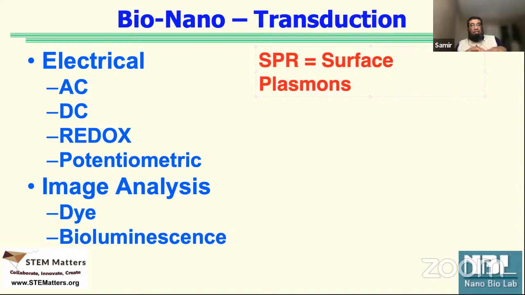Now, if there is any change in that surface, that can disrupt those waves, and that can change the resonance of the surface plasma. At the interface is our recognition element. So if binding occurs between the recognition element and the target, that can result in a change of surface plasma resonance. If you go into more physics of surface plasmas, that's a whole different area.